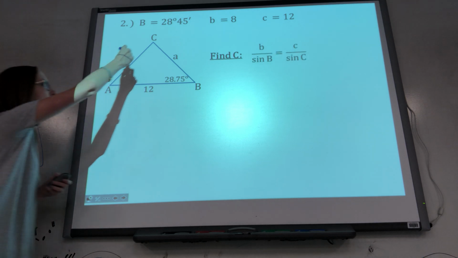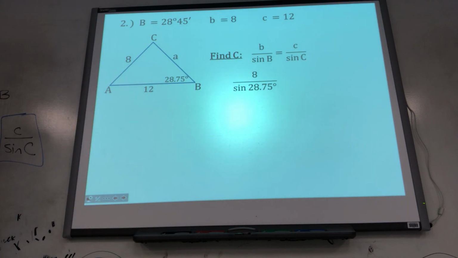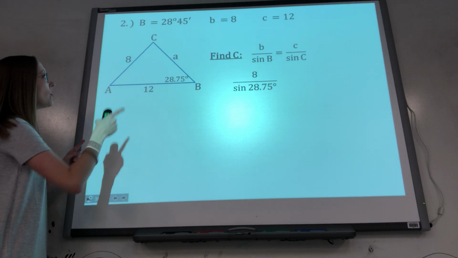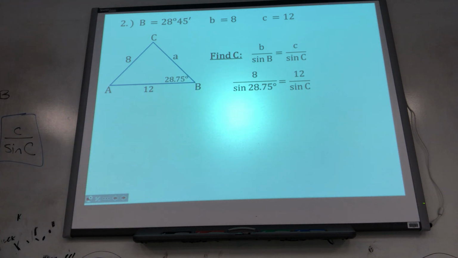I've got little b, which is 8, over sine of big B, which is 28.75 degrees, equals little c, which is 12, over sine of big C. You guys told me that was the variable that we're going to be finding.